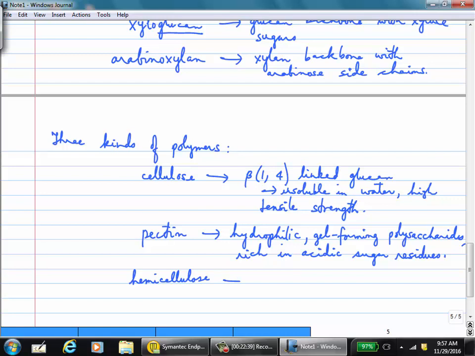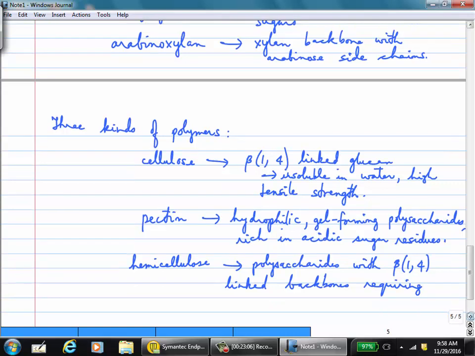Hemi means half. So this has polysaccharides with beta 1,4 linked backbones requiring strong extractant.